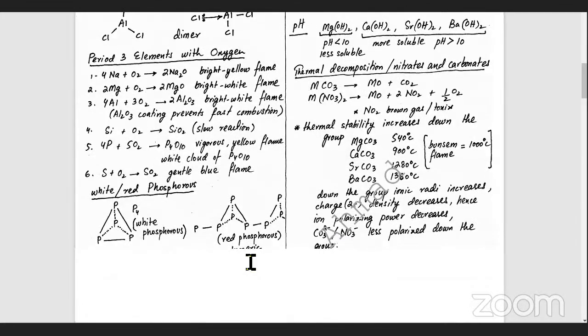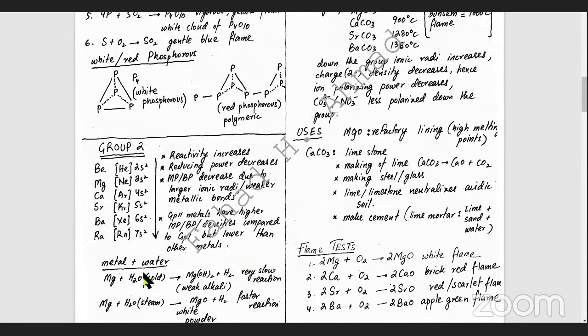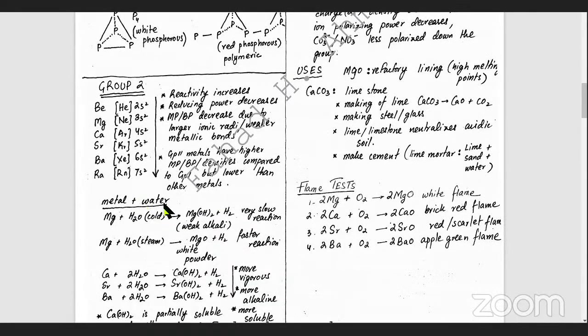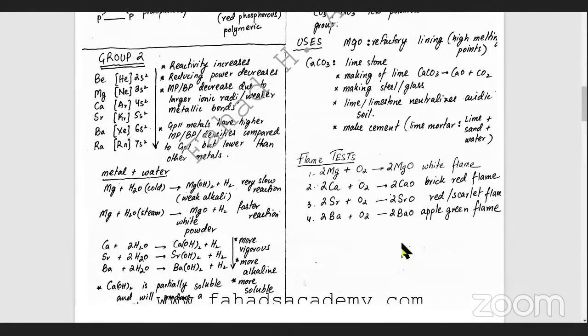But where is group 2? So this is where group 2 is. This is all about reactions with water, which we are doing right now, and they're talking about magnesium's reaction with oxygen. So all group 2 compounds which are formed, they're going to be white in color. And you also have to remember the flame colors as well, because the reaction with oxygen is going to produce a flame.